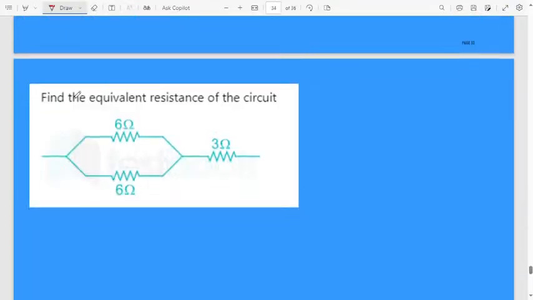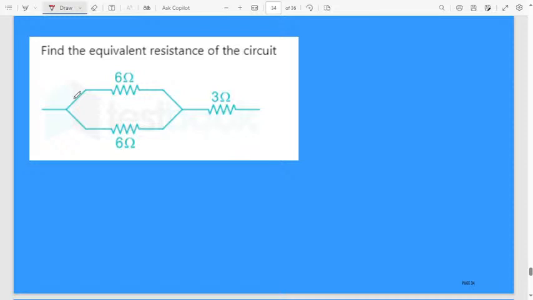Let us move to the next problem. This is the last one. Find the equivalent resistance of the circuit. Here these two resistors are in parallel. This one is in series. Solve this one first. 1 by R dash, I will consider as R dash.